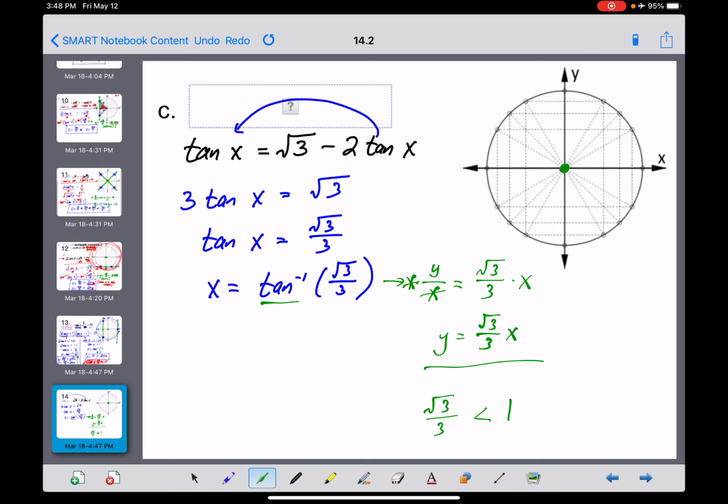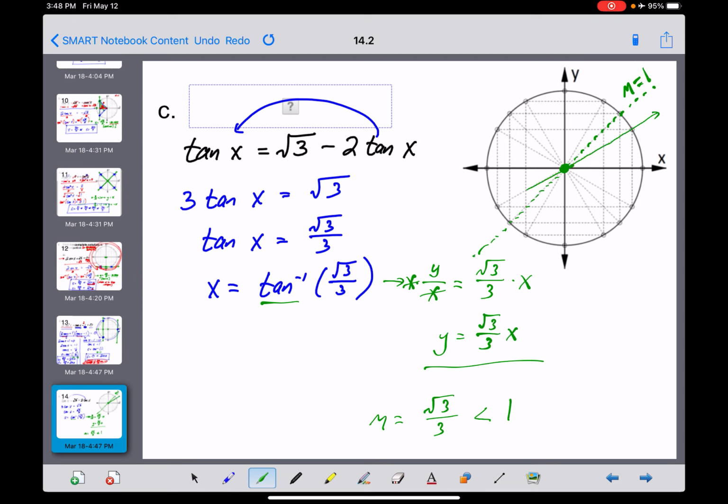Now, why is that significant? Because this line right here, you guys, this might confuse you if you put this in your notes, so you might just want to watch this. This line right here, going through at a 45-degree angle, has a slope equal to 1. Therefore, since our slope has to be less than 1, it would have to be this line right here, guys.